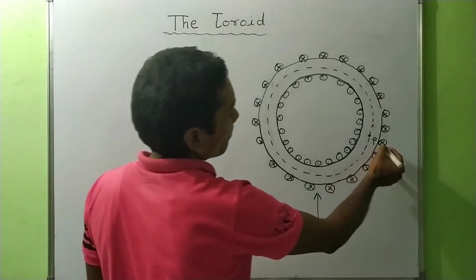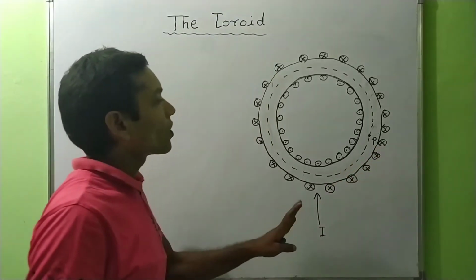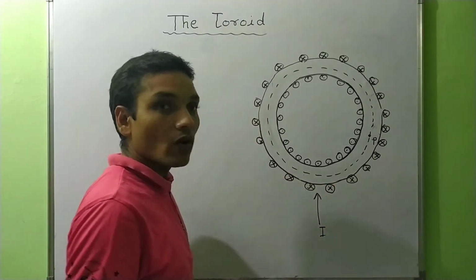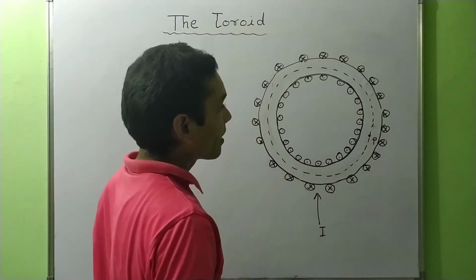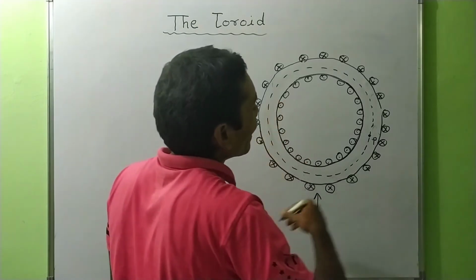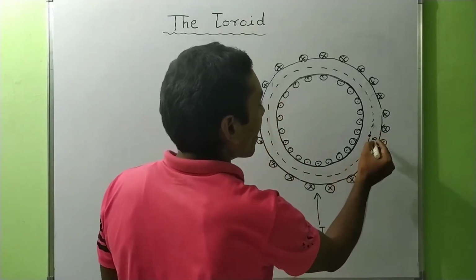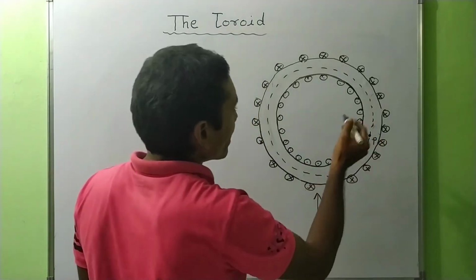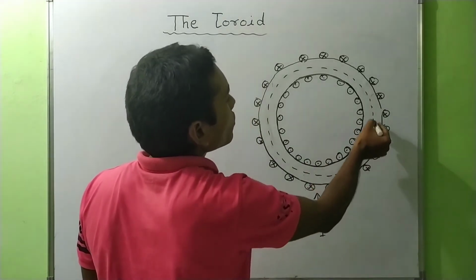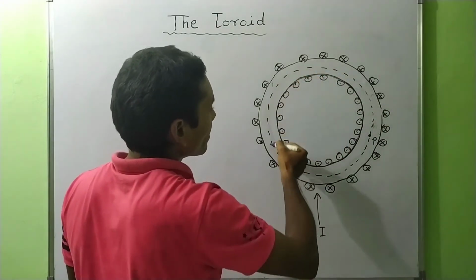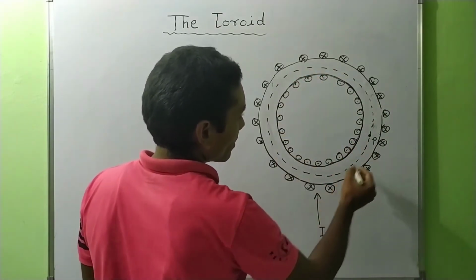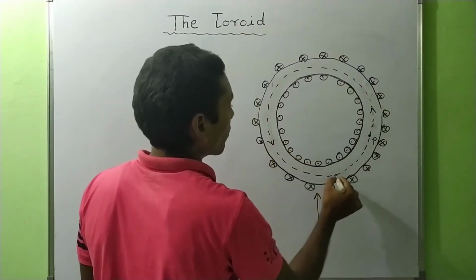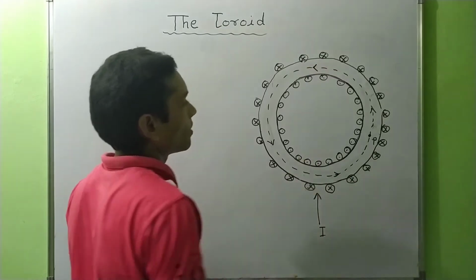Because this point is inside the toroid, magnetic lines of force will be there, and a magnetic line of force can pass through the point P. Then the magnetic line of force passing through the point P will be circular, and its direction will be anti-clockwise like that.